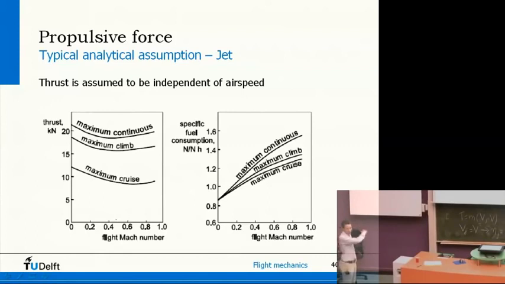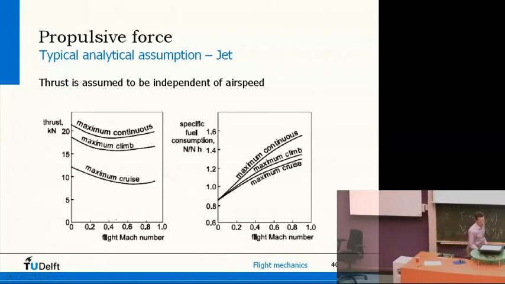Then the thrust line as a function of airspeed doesn't really change that much. Maybe if you go faster there's a slightly different mass flow, and the compression in front of the engine is a little different, but overall it's pretty much a straight line. You could make this diagram for a lot of jet engines, and they all look more or less the same.